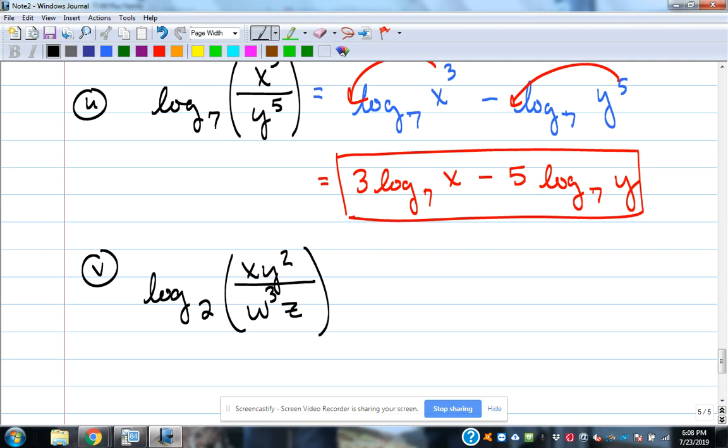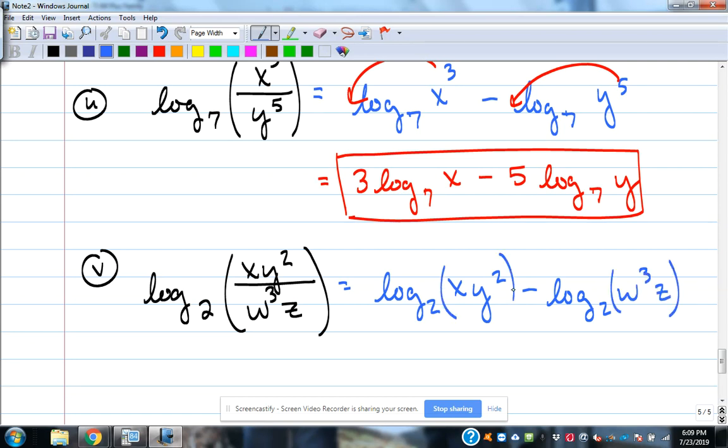So it's a big division problem right now because of the fraction form. So I can split that apart into log base 2 of x y squared minus log base 2 of w to the 3rd z. So I'll start out by doing that. So that's step 1.